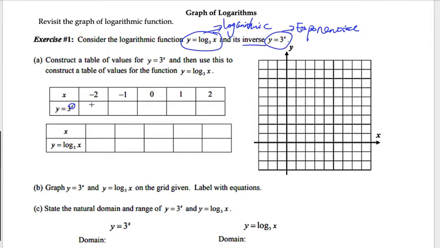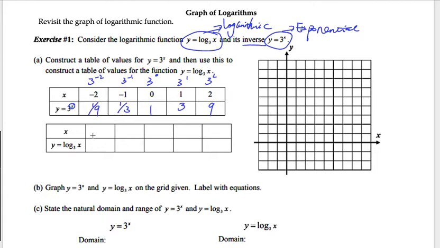So 3 to the negative 2 power, remember we just replace the x value here. 3 to the negative 2 is going to be 1 over 9. 3 to the negative 1 power is going to be 1 over 3. 3 to the 0 power, remember any non-zero number to the 0 power is going to be 1. And 3 to the first power is going to be 3. And 3 to the second power is going to be 9.